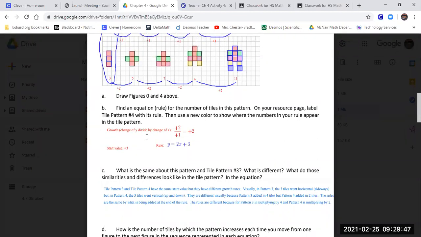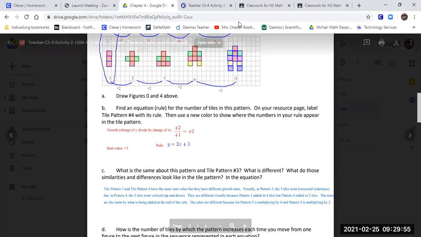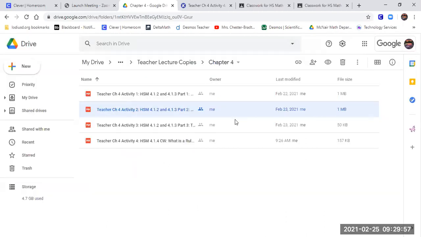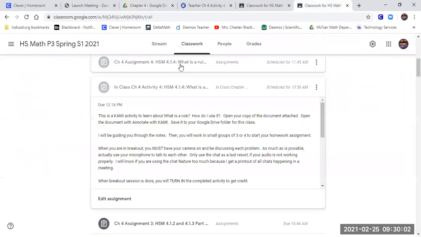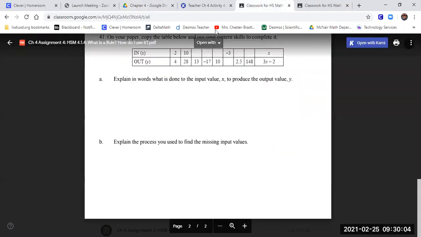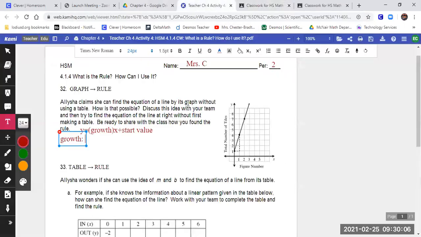What is the growth? What are the pieces that we use to find the growth? Now I have to go back and find the one I was working on. There it is.